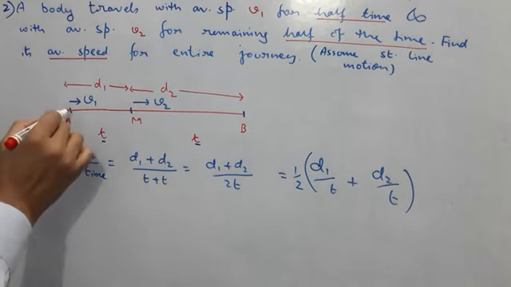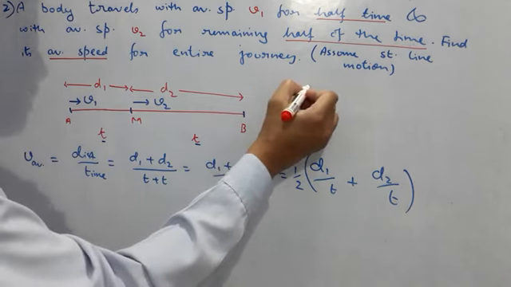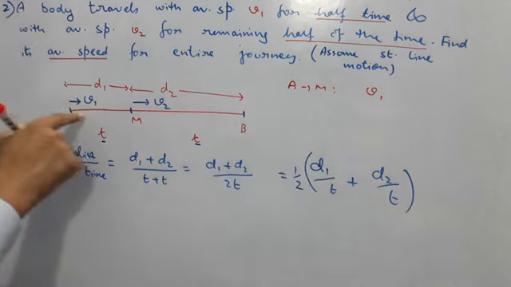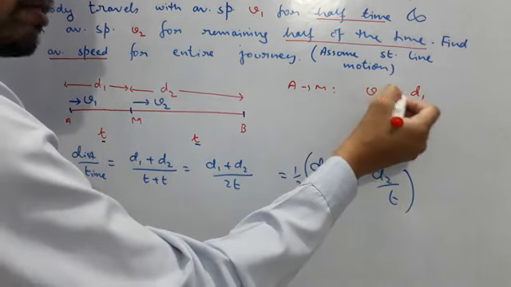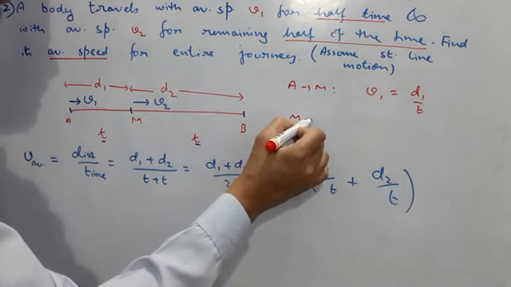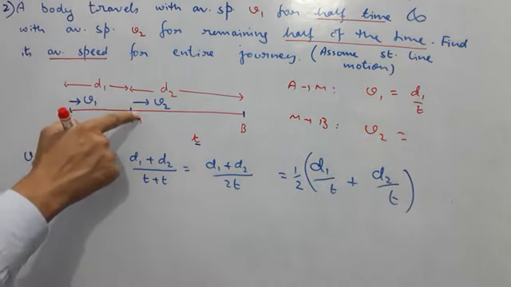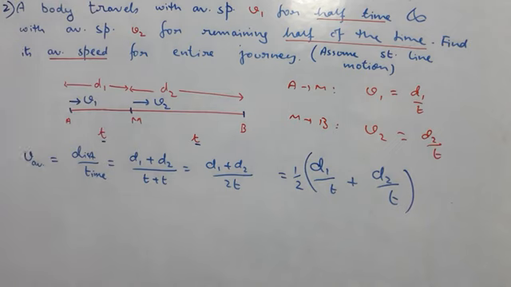You can see here, for the motion from A to M, what is the average speed? v1. What is the distance? d1. What is the time? t. So v1 must be d1 by t. And for the motion from M to B, the average speed is v2, distance is d2, and time is t.